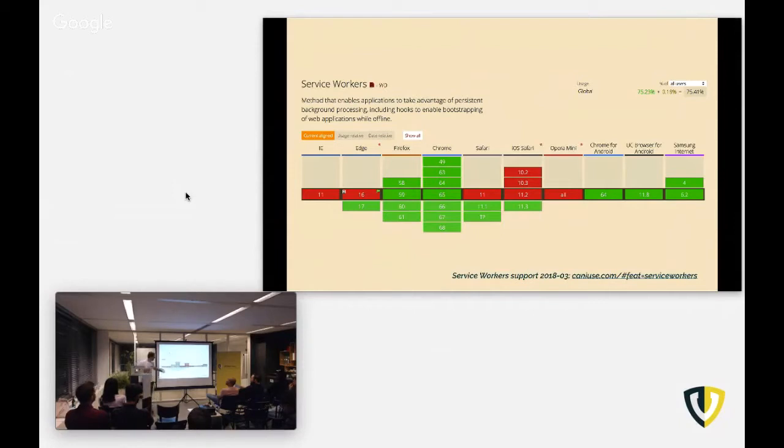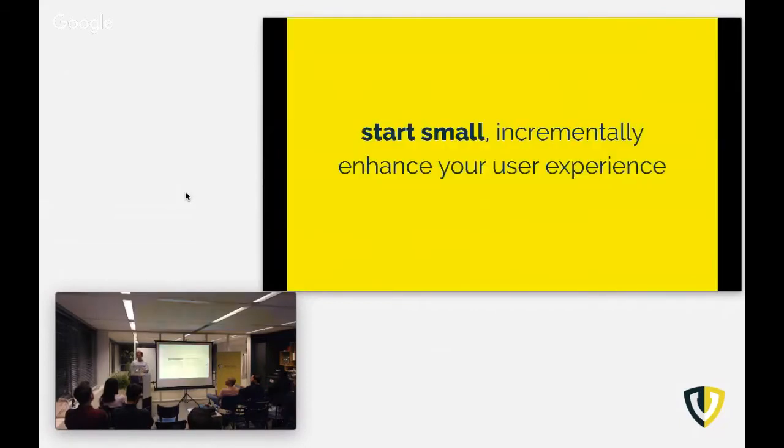Firefox and Chrome are there, and Edge is also almost there, so that means all Windows users too. My takeaway for this part would be: just start small with progressive web apps. It's not something you have to build from scratch as a greenfield project. You can introduce it to existing sites and just enhance them with some progressive web app features.